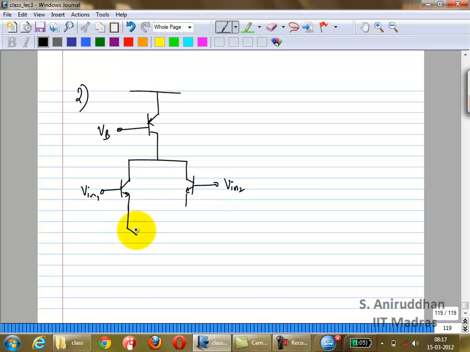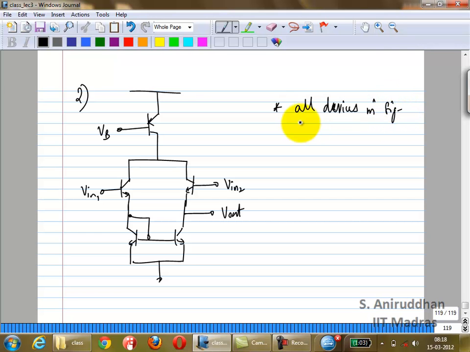So now I can actually use an NPN mirror. This will work fine. So what you have accomplished is all the devices in the signal path are NPN.